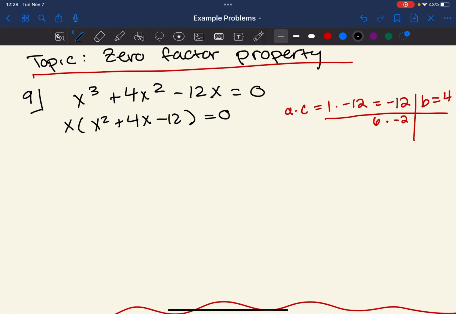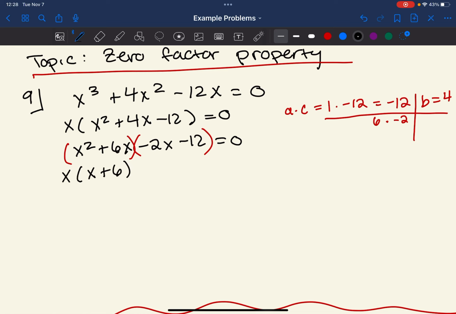Now I'm going to take those numbers and I'm going to expand my 4x. So I have x squared plus 6x minus 2x minus 12 equals 0. Now that I have 4 terms, I'm going to do factor by grouping and take the GCF out of each part. So in the first part, I can take out an x, and I'm left with x plus 6.